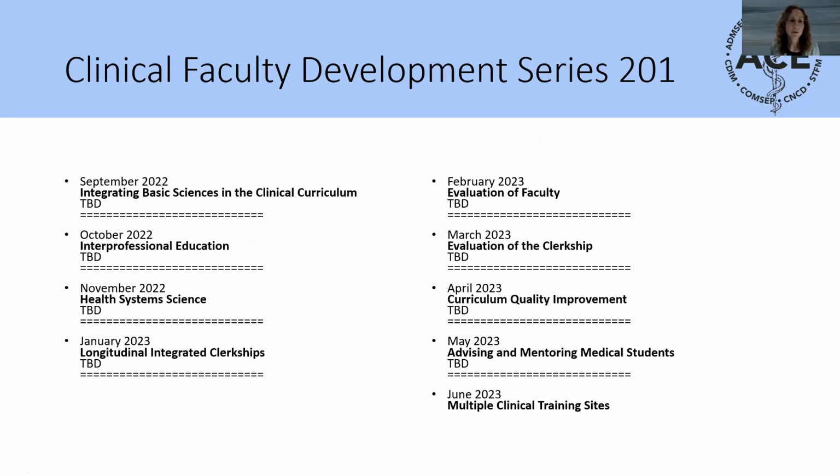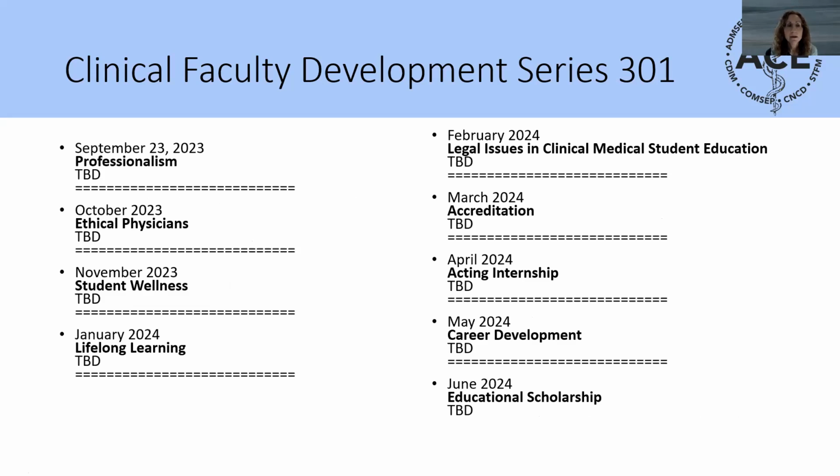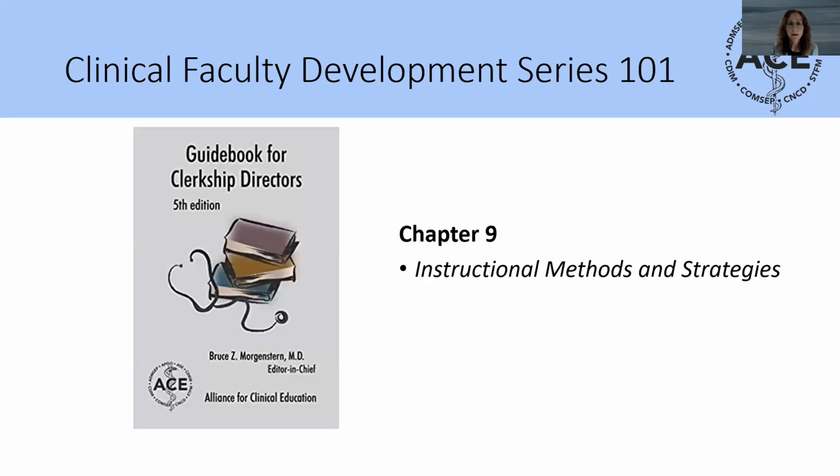As you can see, those start in September of next year, and they go up until June of 2023. And then we have the 301. As you can see, very interesting topics starting in September of 23, and then go up until June of 2024. So this is the book that I'm sure you are all familiar with.